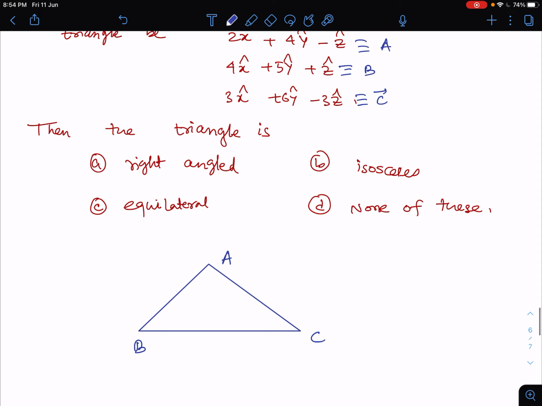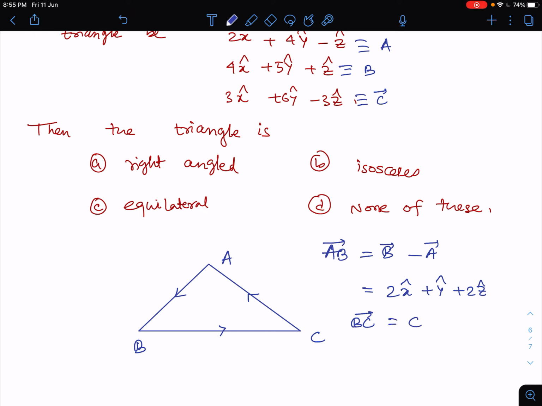Let's say you need to determine AB, BC, and CA. What is AB? AB is nothing but B minus A, that is 2x plus y plus 2z, right? Now what is BC?